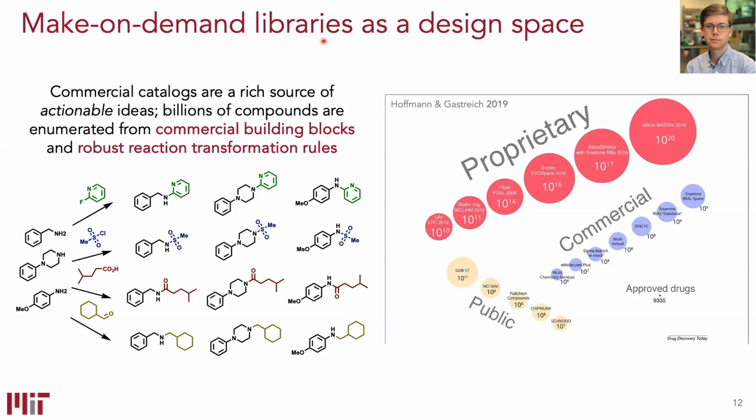And so you define this small set of transformation rules that you believe that you can run, and you enumerate all the products that you think you can make in 1 or 2 or 3 synthetic steps. And this maps out billions or trillions or more of hypothetical structures that they believe they can access, that they're willing to sell you.